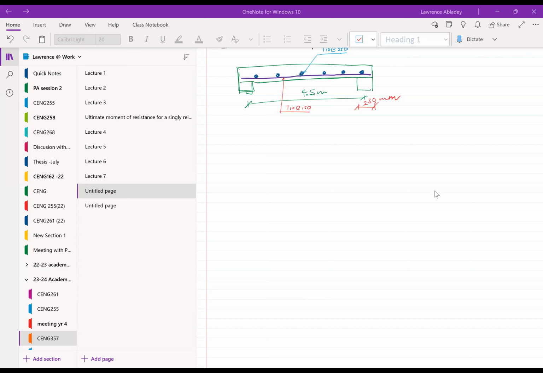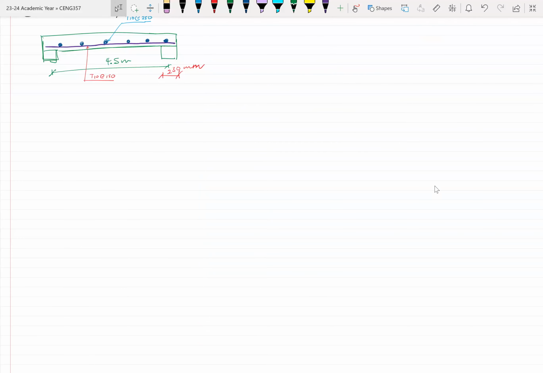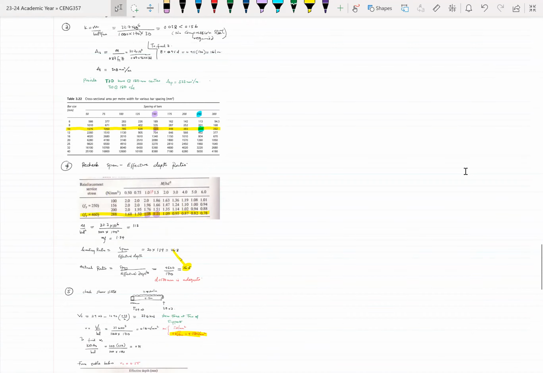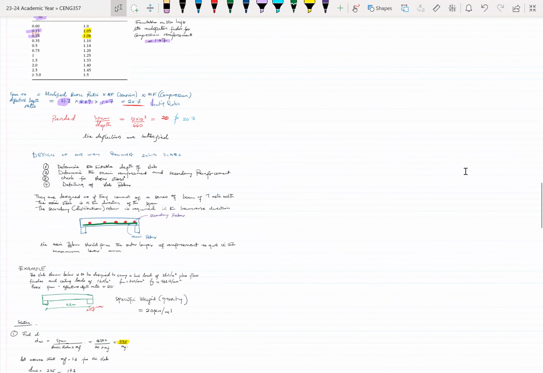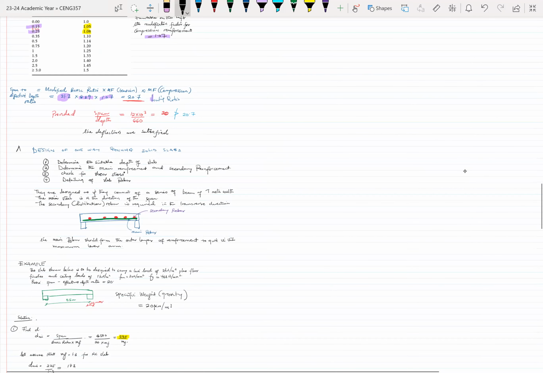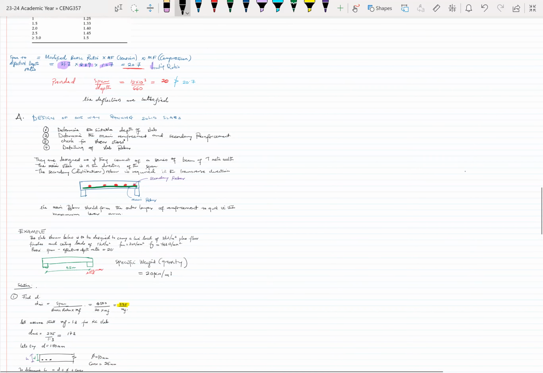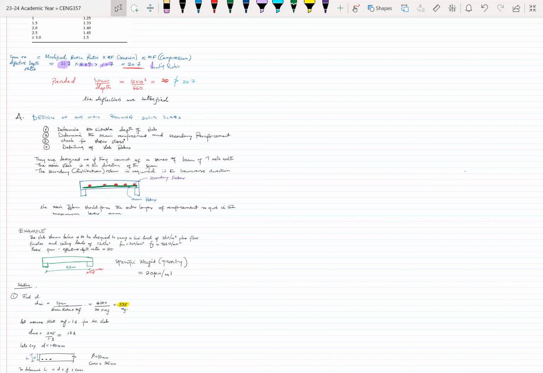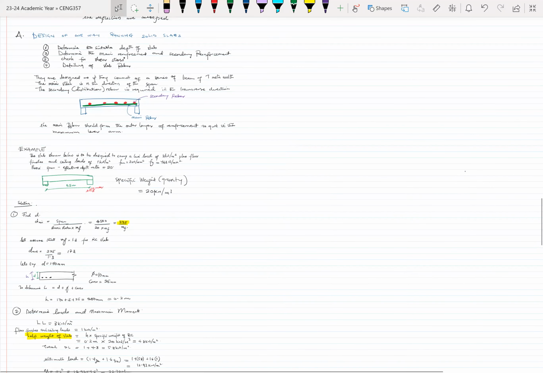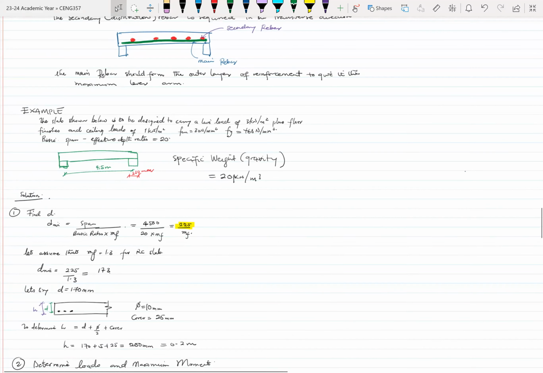Recording. So let's look at another, so I think the first one was to look at the design of one-way spanning solid slabs. Generally the example we looked at was simply supported. Okay. Simply supported example.